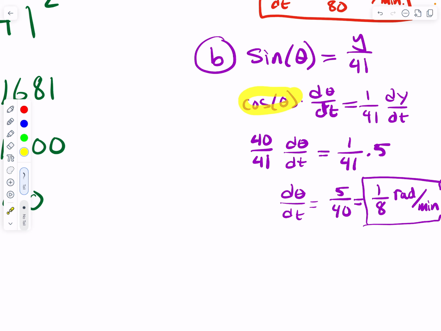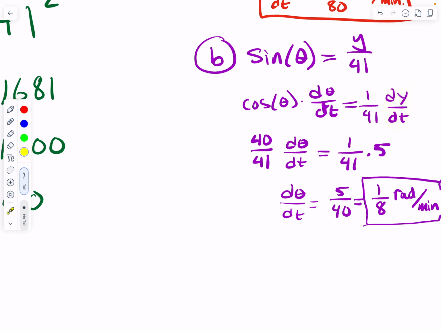The cosine of the angle is going to be unitless because you have 40 over 41, so there's no units there. This y is measured in feet, and 41 is measured in feet. dy over dt is feet per minute. That's bothersome, isn't it? Oh, I see. The y went away when you did the derivative. Okay, we're good.